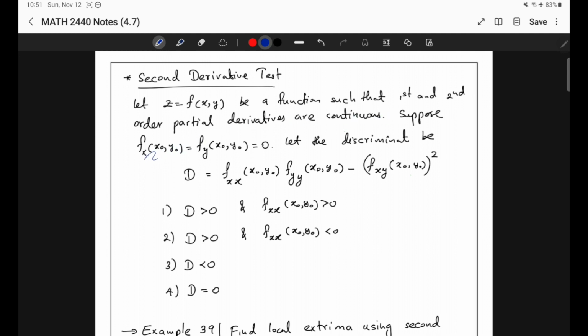And suppose the partial derivatives are equal to 0 at this point x0, y0. That means x0, y0 is a critical point. Now we define the discriminant to be what we have here.